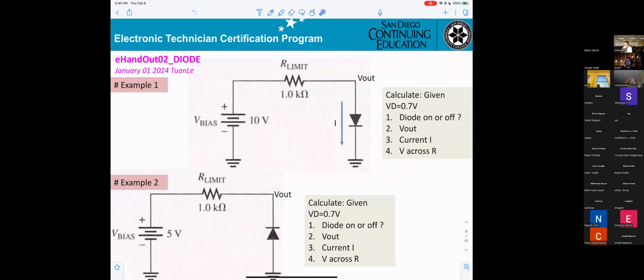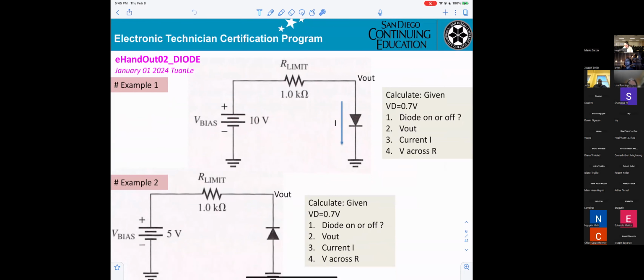Okay, now, first thing, you have a voltage of 10 volt and 1 kilo ohm. And now this is the diode. If you want to work with a diode, you have to know whether the diode is on or off.